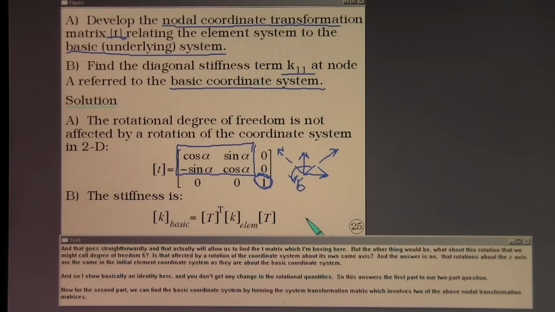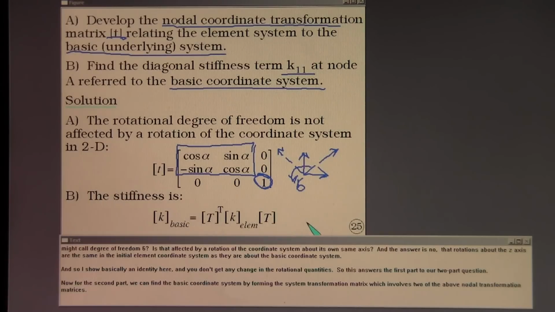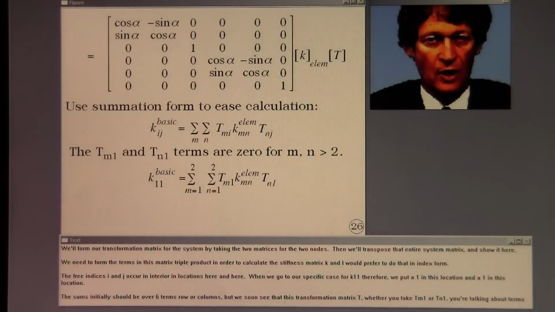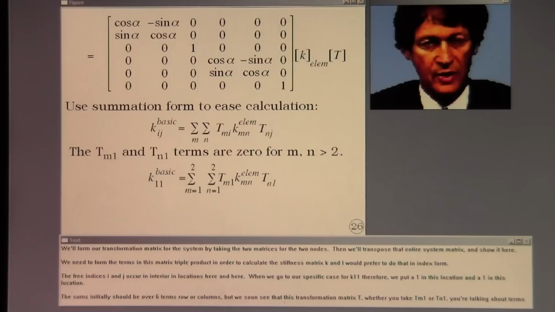Now for the second part, we can find the basic coordinate system by forming the system transformation matrix, which involves two of the above nodal transformation matrices. We'll form our transformation matrix for the system by taking the two matrices for the two nodes.